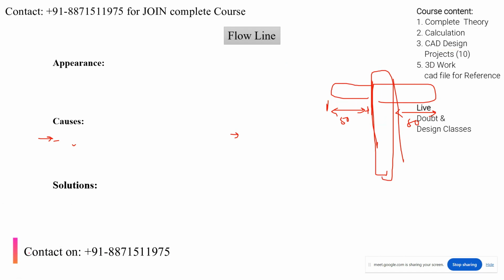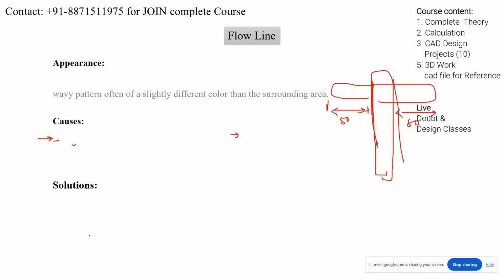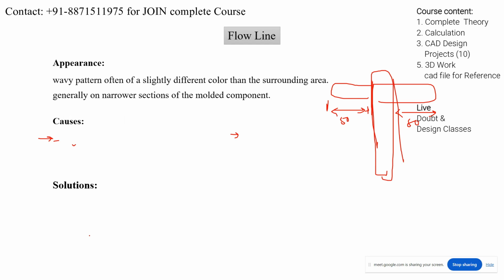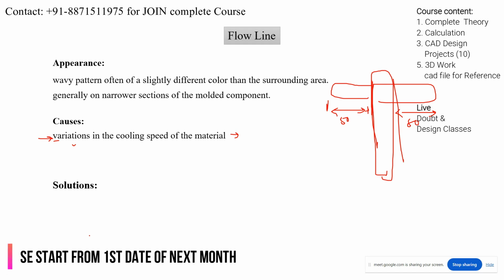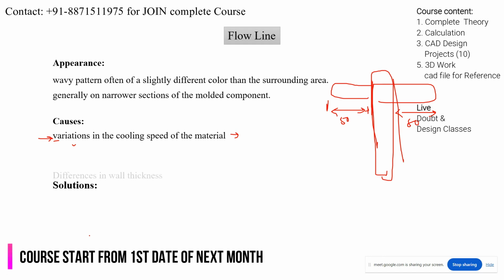Right or wrong? So we cannot provide the cooling lines uniformly all the time. And that's why there is variation in the cooling speed of the material, or we are providing non-uniform cooling into the core and cavity. So it will become a cause of that.